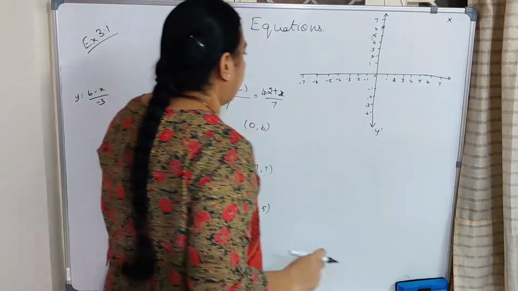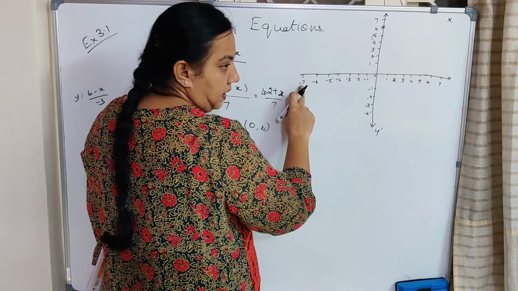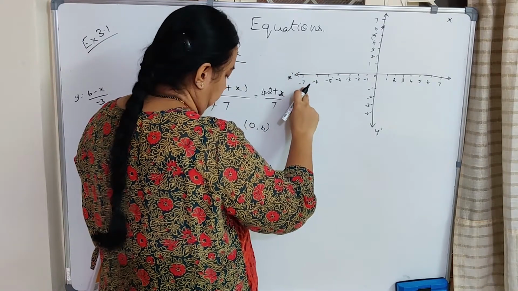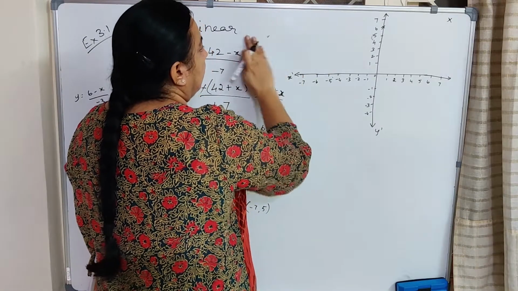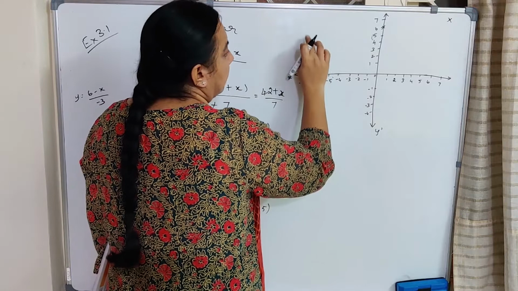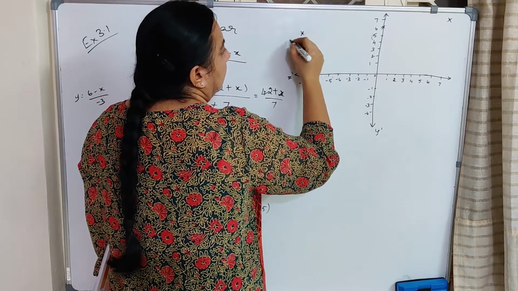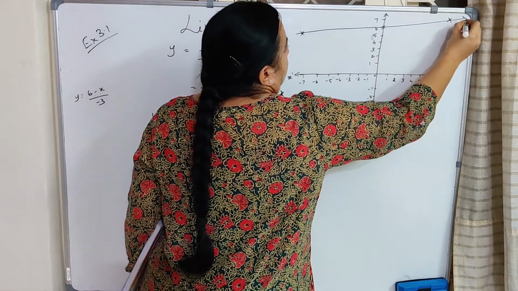So this is the second point. The third point is minus 7, 5. Minus 7 is here on the x dash side, and plus 5. So I can mark it here: minus 7, plus 5. So the line goes like this.